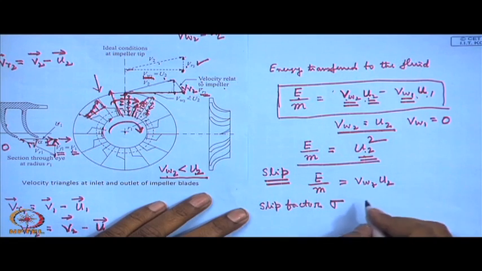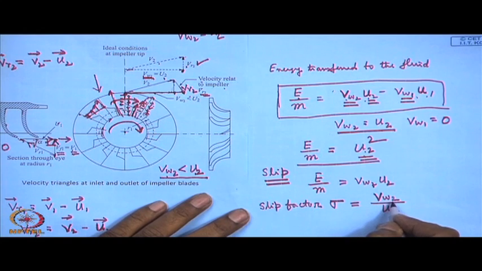I did it for the centrifugal pump also, which is defined as the ratio of the outlet whirl component, or the tangential component of the fluid at outlet, divided by the tangential speed of the rotor at the outlet.